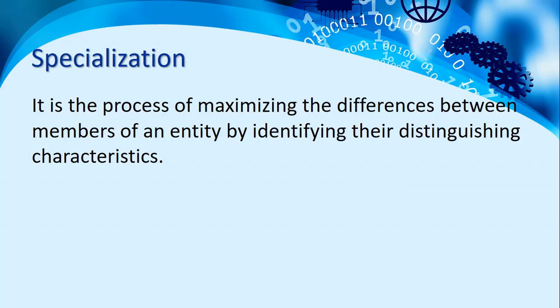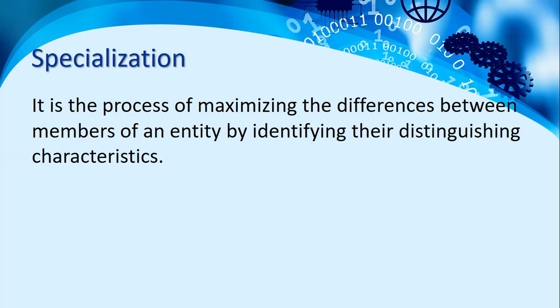Next we have the opposite of generalization, which is specialization. This is the process of maximizing the differences between members of an entity by identifying their distinguishing characteristics.